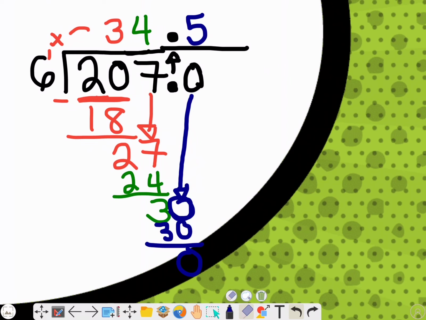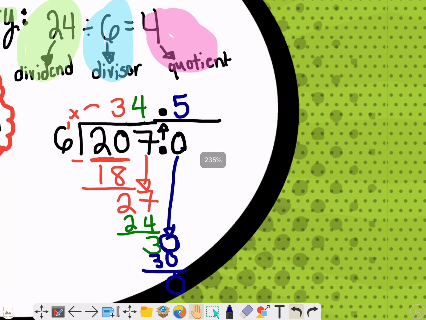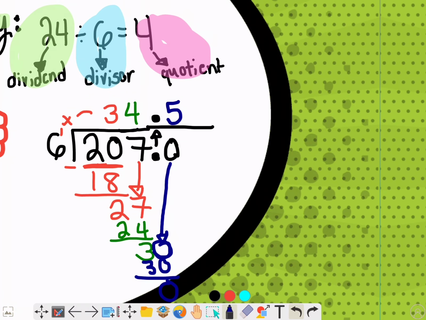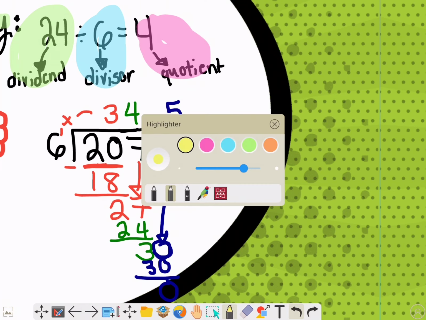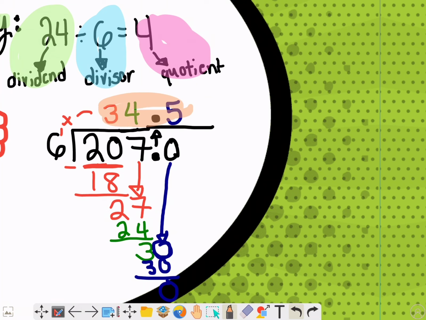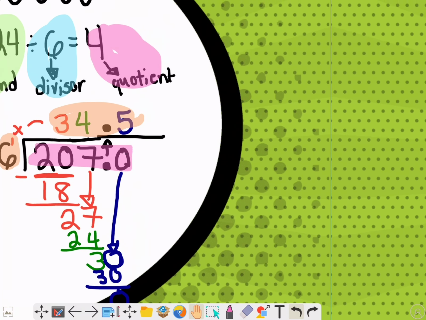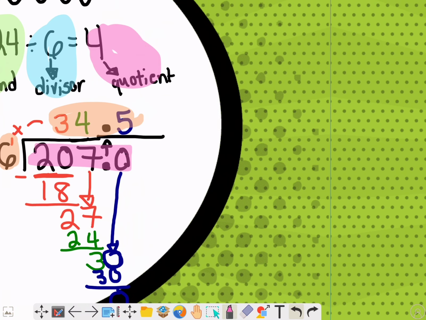Now, if you're on a test and you want to check your work, all you got to do is multiply. I'll highlight it. All you got to do is multiply this number times this number, and if you got it right, you're going to get this number. And just to show you we got it correct, I'll work it out. I'll do it all the way over here. 34.5 times 6.